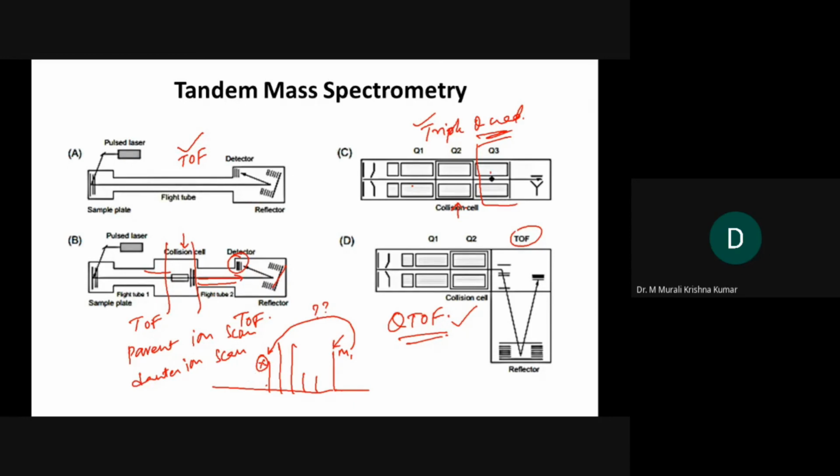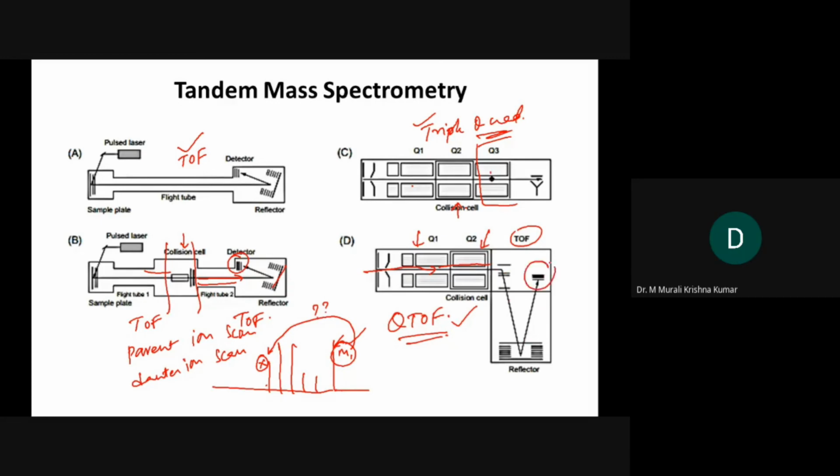Then we allow only M1 to pass through the first one, because with a quadrupole we can easily segregate ions based on their m/z value. Then M1 goes through the collision cell, where it is fragmented, and the ions are submitted for TOF analysis.